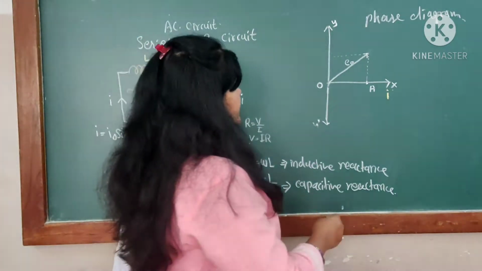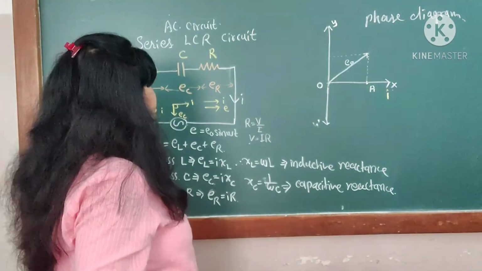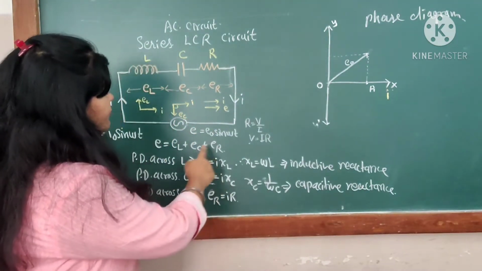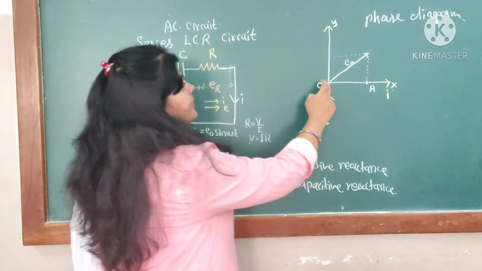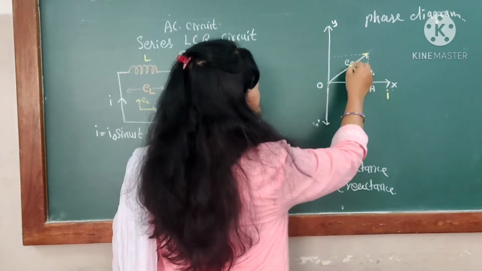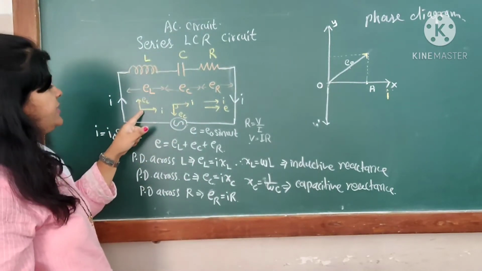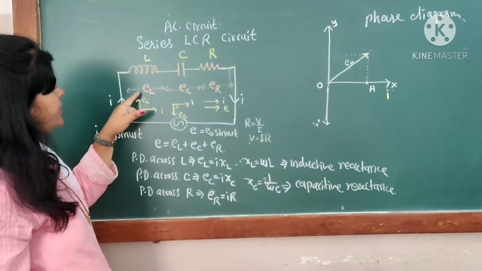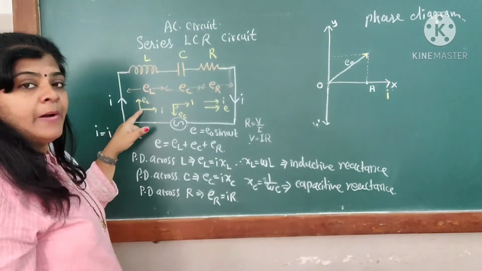Now we come here again. The current is along the x-axis, and together the total EMF is given by the maximum value denoted by this arrow E naught. Then EL, how is it represented? The EMF leads the current by pi by 2.